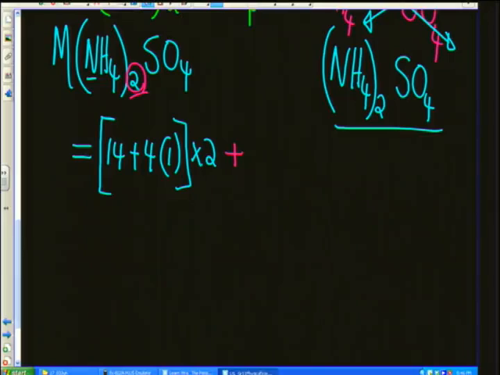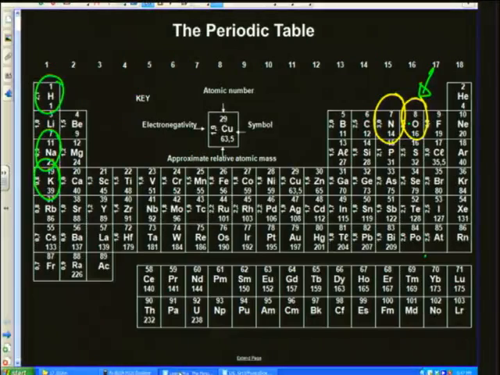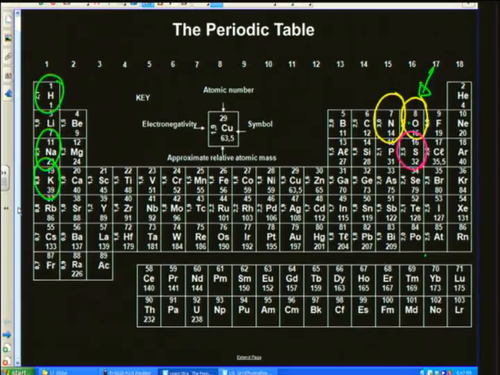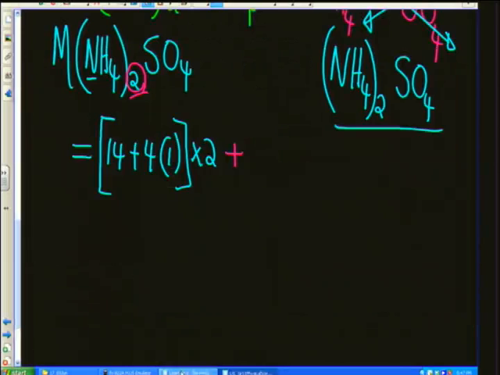Okay? Then I would say plus, for sulfur, you go to your periodic table and look for sulfur. Sulfur is a nonmetal, so we should look for it on that side. You can see it is 32. So plus 32 for sulfur, plus for oxygen, I've got 4 times 16.